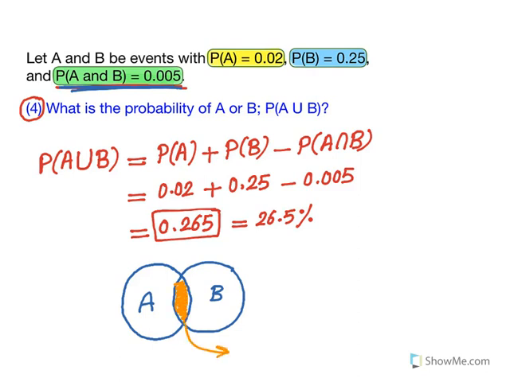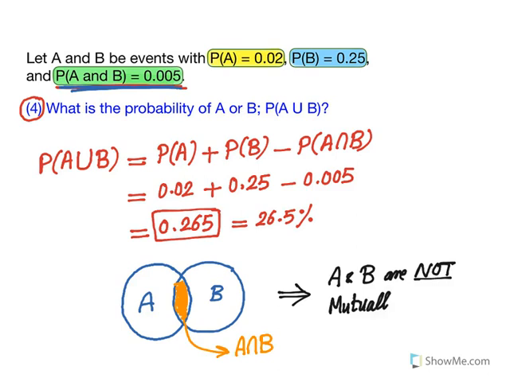This is what we call A and B. And because there is an intersection, you can say that this means that A and B are not mutually exclusive events.